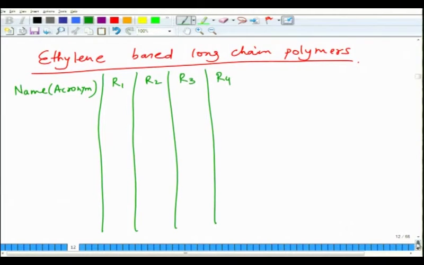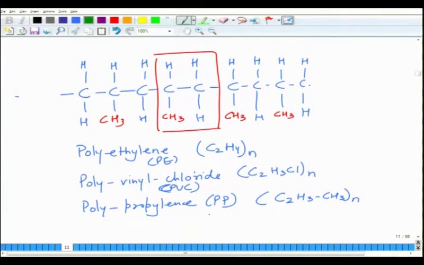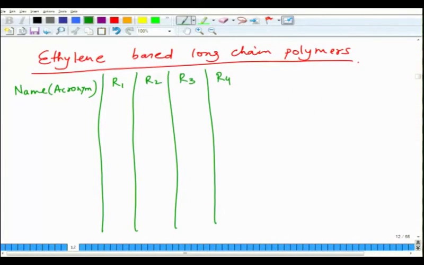So this is R1, this is R2, this is R3 and this is R4 in one unit. So R1, R2, R3, R4 and then the applications.